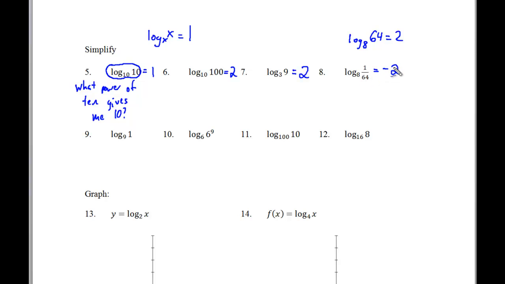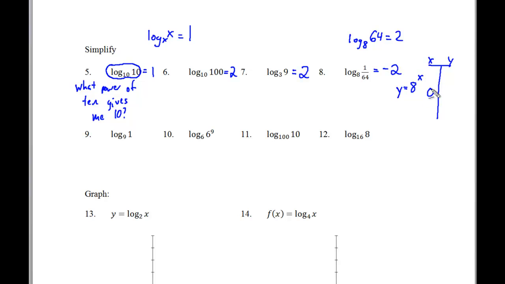Now for those of you who just felt blown out of the water by this, just remember that there is something called the change of base formula coming up that will make this problem a lot easier. Another way you can do it is to type into your calculator y equals 8 to the x and scroll on your x and y until you see where you get 1/64th, or that decimal equivalent.